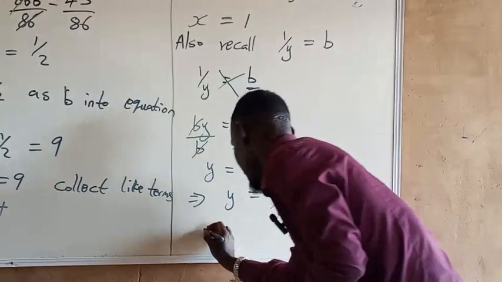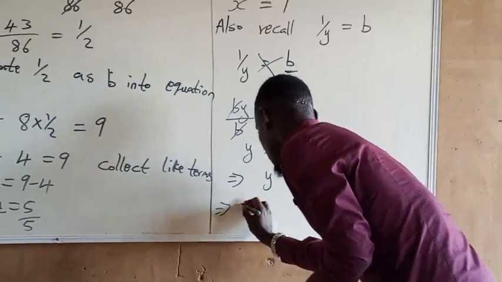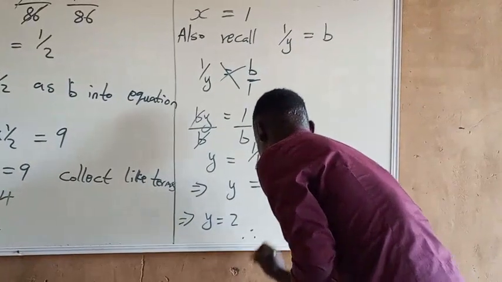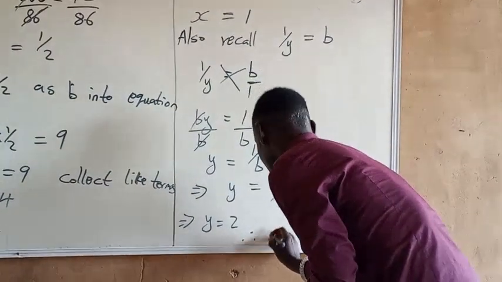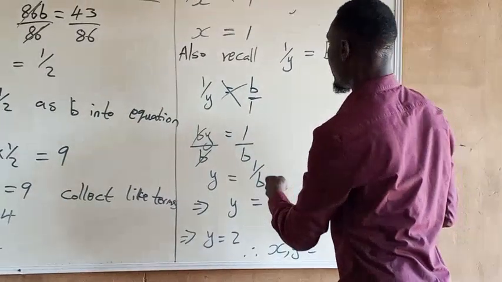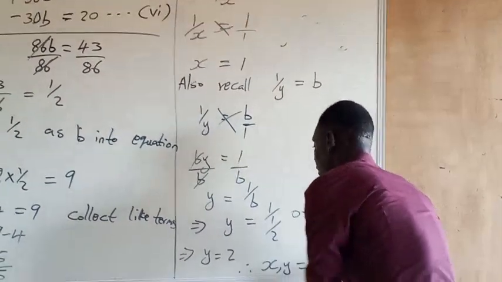So your final answer, this implies that y is equal to 2. Therefore, the value for x comma y is equal to, what is our x? Our x is 1 and our y is 2.